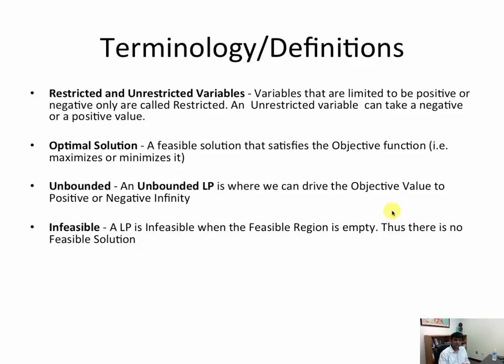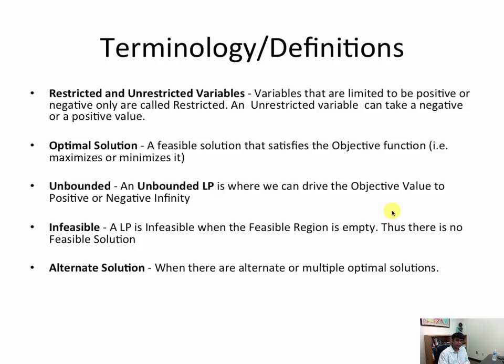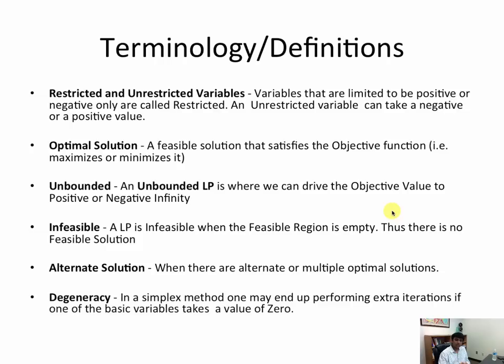An infeasible LP is when the feasible region is empty. That means there is no feasible solution. And an alternate solution is when there are alternate or multiple optimal solutions. We saw that in the previous lectures. And here's a new term that we are introducing. It is called degeneracy, which means that one may end up performing extra iterations if one of the basic variables takes a value of 0.